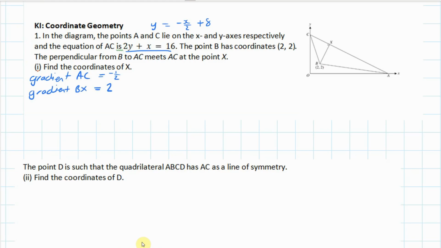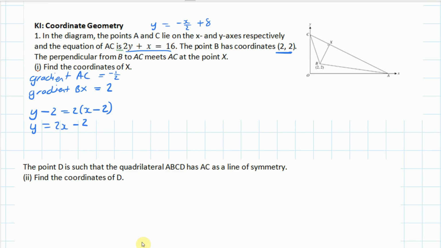And we know that the formula for this line BX is going to be y minus y1 equals 2 into x minus x1, using these coordinates here. And so we get y is equal to 2x minus 4 plus 2, sorry, I think minus 2, so 2x minus 2.